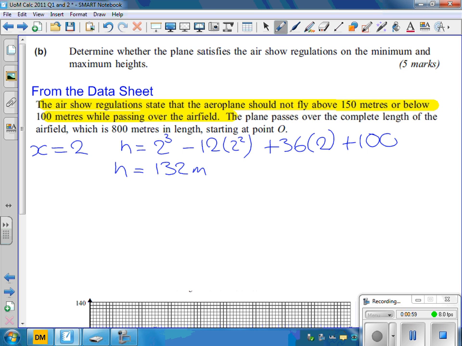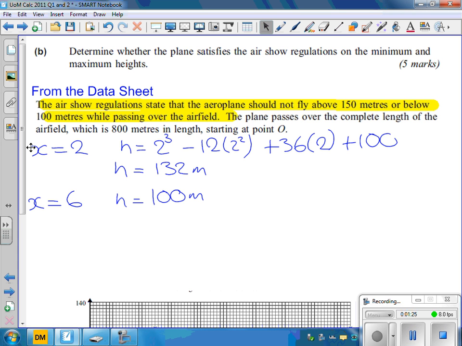On the data sheet, you can see highlighted in yellow what the regulations are. It should be between 150 and 100 meters, so we're fine there. Yep, 132 is fine. If you check your other stationary point, if you put x is 6 in, you should get a height of 100 meters, and again we're fine there, the plane is just within the regulations.